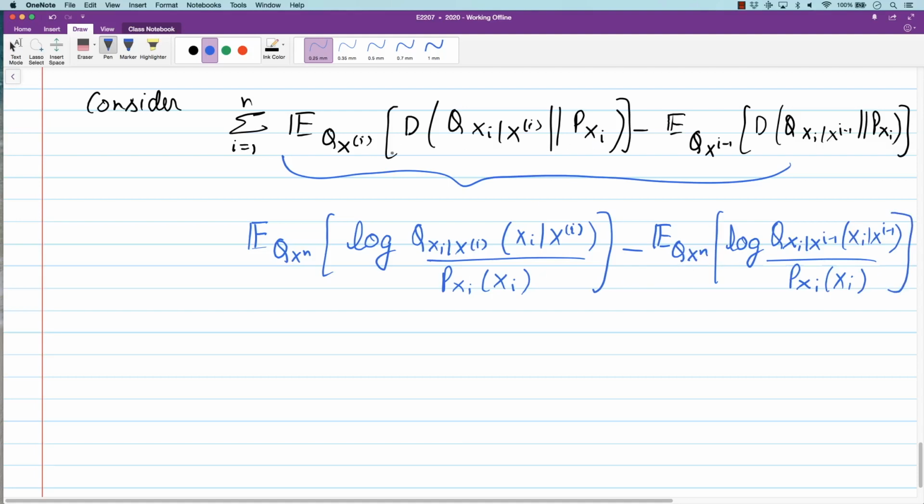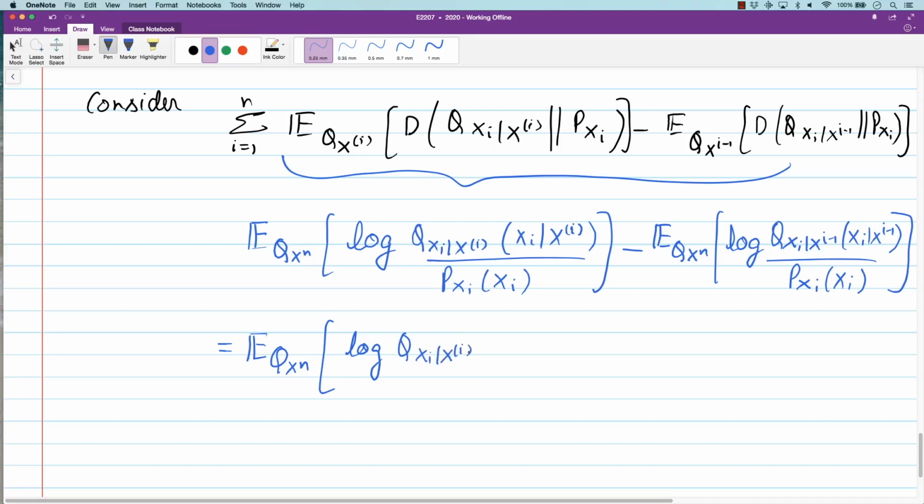In principle, these two quantities didn't require a common joint distribution. They were two different quantities related to two different distributions, but we realized that they can both be expressed as coming out from the same joint distribution qxn, and the advantage of doing that is that I can take the common expectation outside and take both these quantities inside. So you have log of this minus log of this. This pxi part cancels.